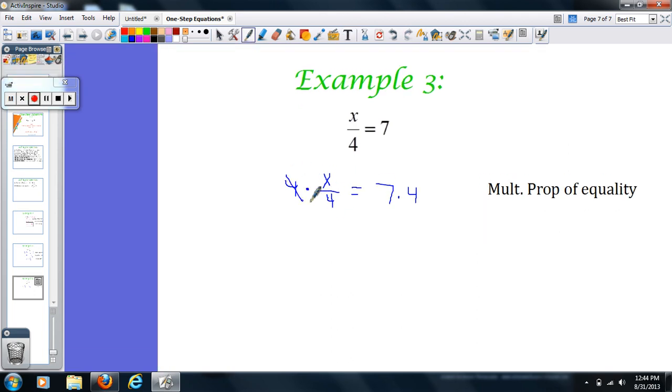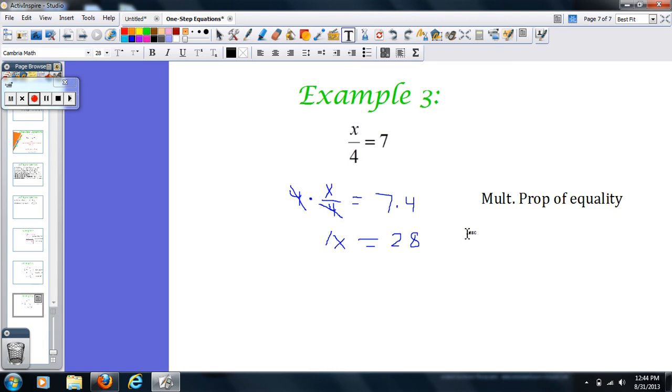And then from here we know that these will cancel out and give us 1x equals 28. And that will be our multiplicative inverse. Okay, because we know that dividing by 4 is going to give us this.